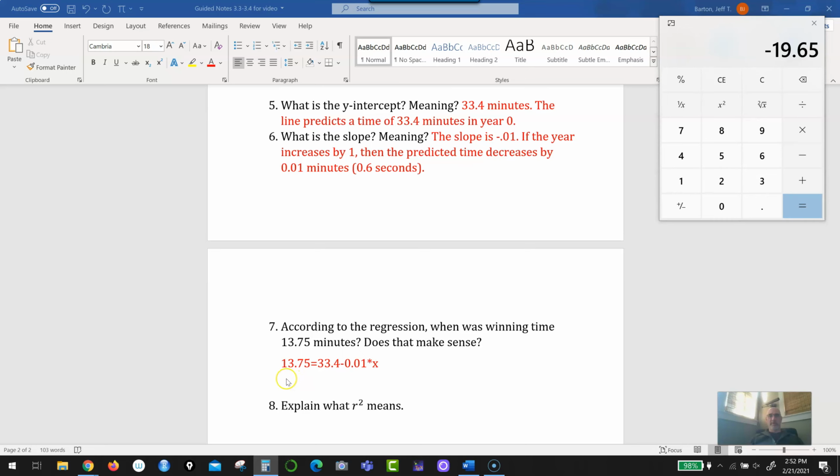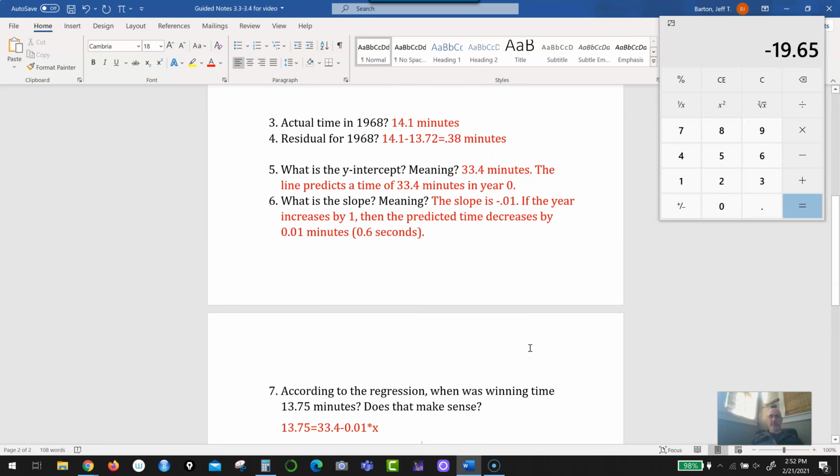If I move the 33.4 over, I get a minus 19.65, and that equals minus 0.01x. So x is 19.65 divided by 0.01, that's 1965.